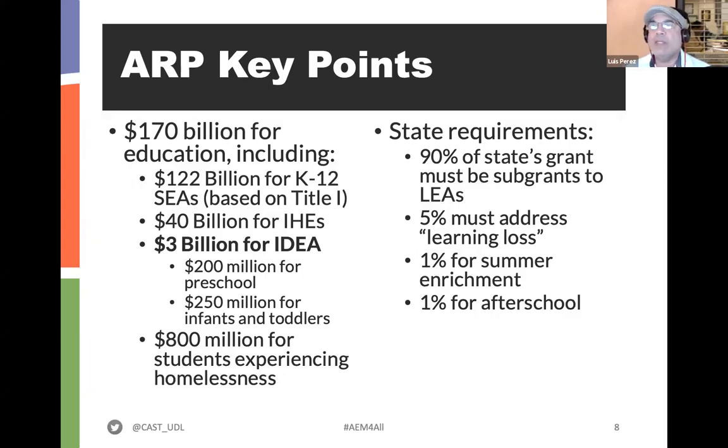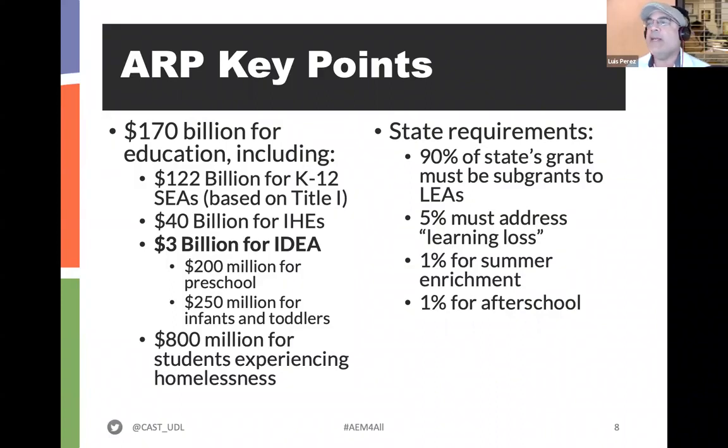So this is, by a lot of indications, one of the largest ever, if not the largest, investments in education. So it's 170 billion for education. And that includes 122.8 billion for K-12 SEAs, and this is based on the Title I funding formula. And then we have 40 billion for institutions of higher education. For IDEA, there's $3 billion.